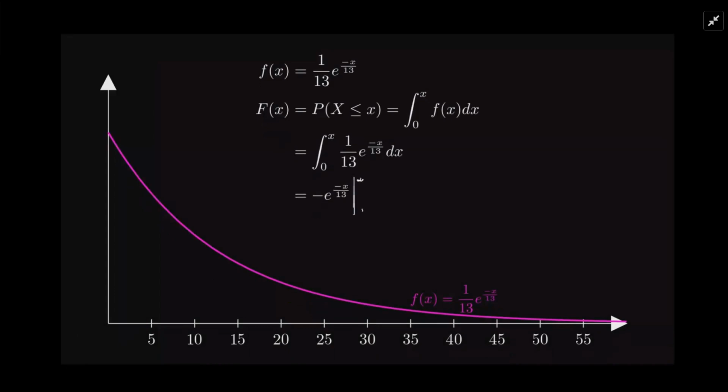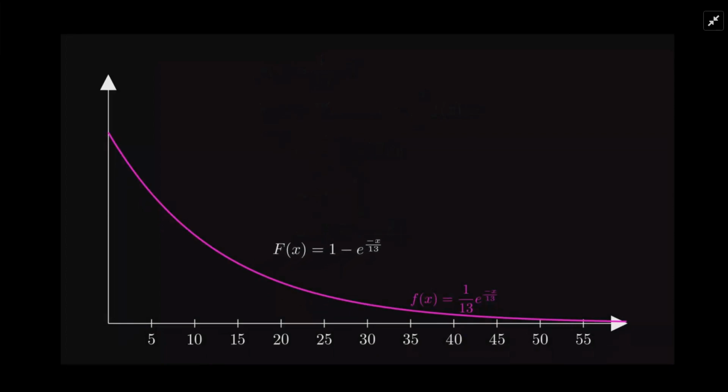Just verify my work. All right. And e to the x is a pretty easy thing to deal with. Okay, so there is our CDF, and we're just going to use that to calculate our probabilities now.